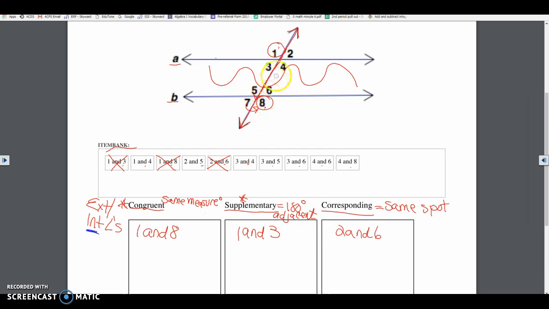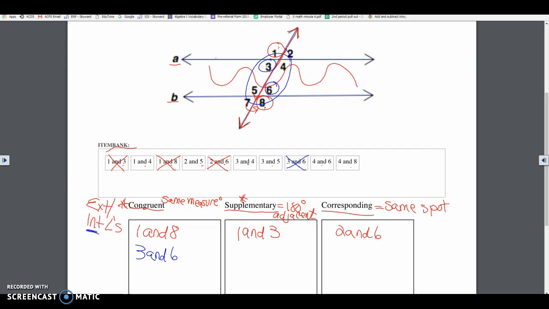I still have to pay attention to what's inside the parallel lines, one on one side and one on the other side of the transversal. For example, if I have angle 3, the other side of the transversal is angle 6, and they're both still inside the parallel lines. So then I would write 3 and 6. Okay?